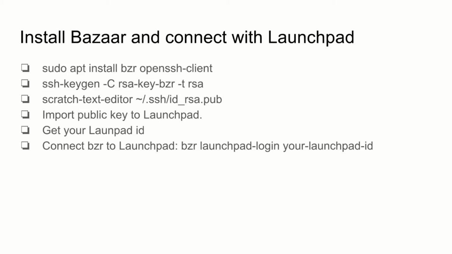And then after that, we're going to generate a new RSA key. And then we're going to use the Scratch text editor to copy that RSA key and import that public key into Launchpad. And then we're going to get our Launchpad ID, and we're going to connect Bazaar to Launchpad with the command as seen there.